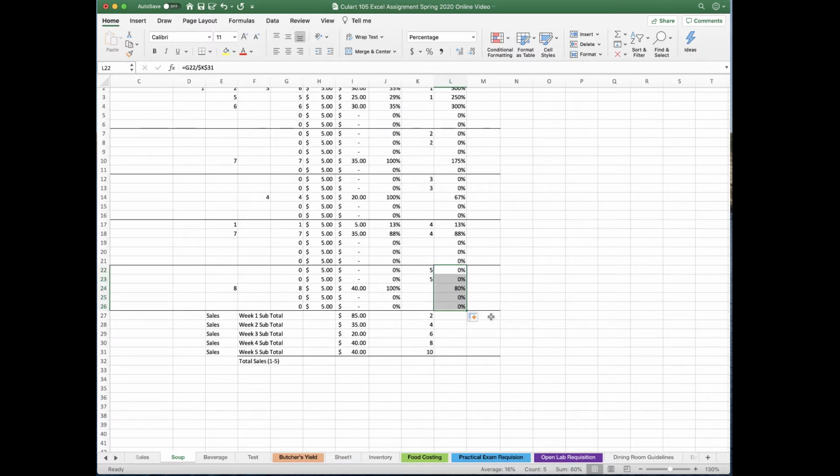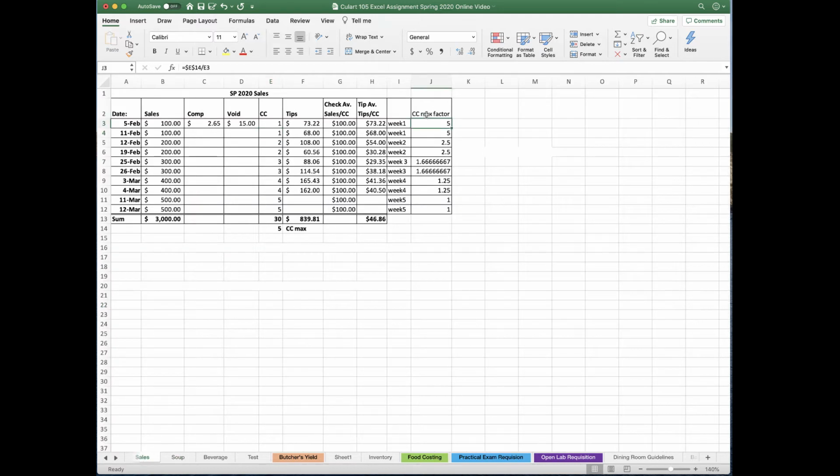Now the tricky part, if it's not tricky enough, we're going to have to, if you come back, max factor is E14, which is the total customer count served on any given day, divided by the customers you served for that day. So the maximum we serve for any day is 5, and we only served 1 customer in theory this one day.